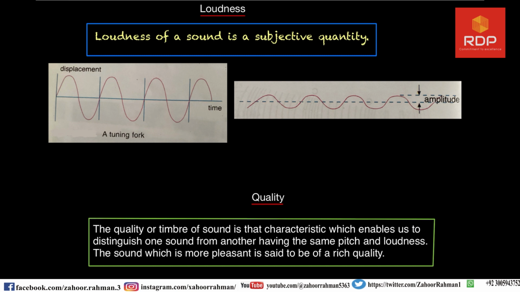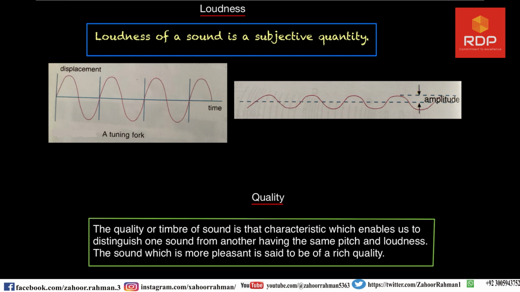So, quality of sound is also known as timbre of sound. It is that characteristic which enables us to distinguish one sound from another, having the same pitch and loudness. The sound which is more pleasant is said to be of a rich quality.